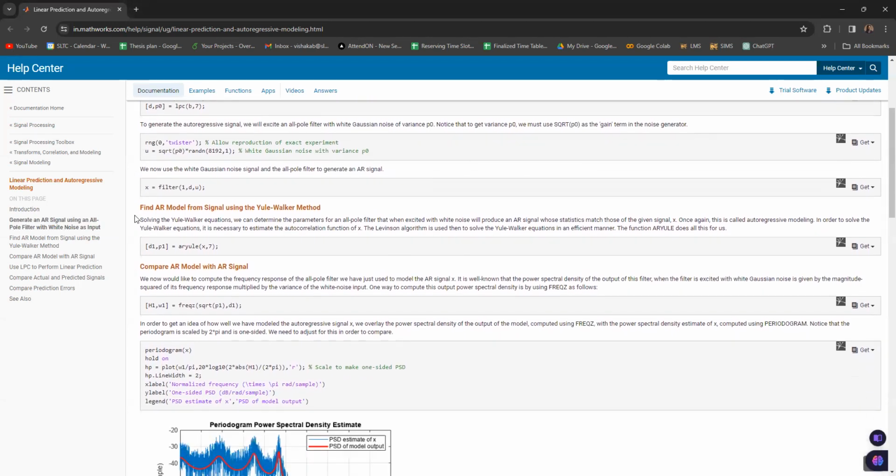This says that you can find the AR model using the Yule Walker method. We can use the command AR Yule to find the coefficients of the process and estimate the unknown parameters. So we can use these kinds of commands.